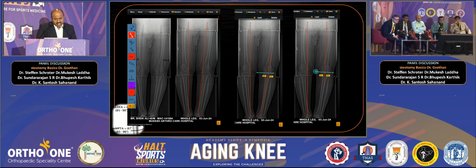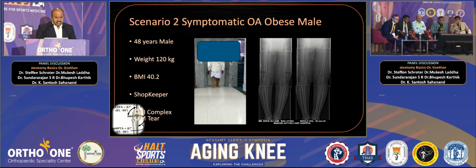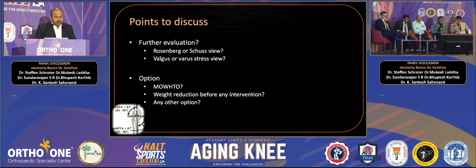Mechanical proximal tibial angle is 83 and distal femoral angle is 91, sir. So the idea is, does this obesity preclude the option of HTO, or will panelists be okay with doing HTO in even this patient?